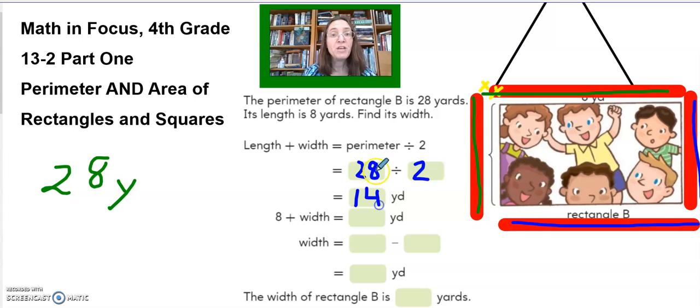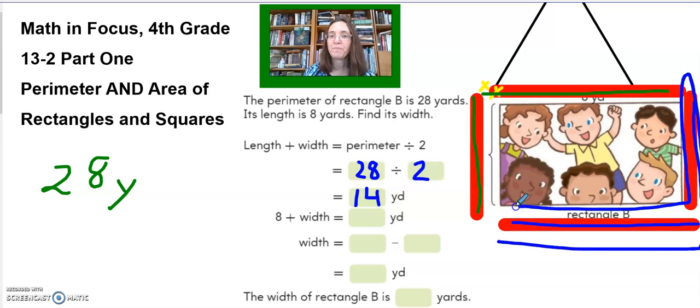Now, let's just think about these 2 blue dimensions over here. We know that this side is 8, but we don't know what this is. We do know that 8 plus whatever the width is will equal 14 yards. So then I could turn that around as an addition and subtraction fact family and say that the width will be 14 yards, take away 8.